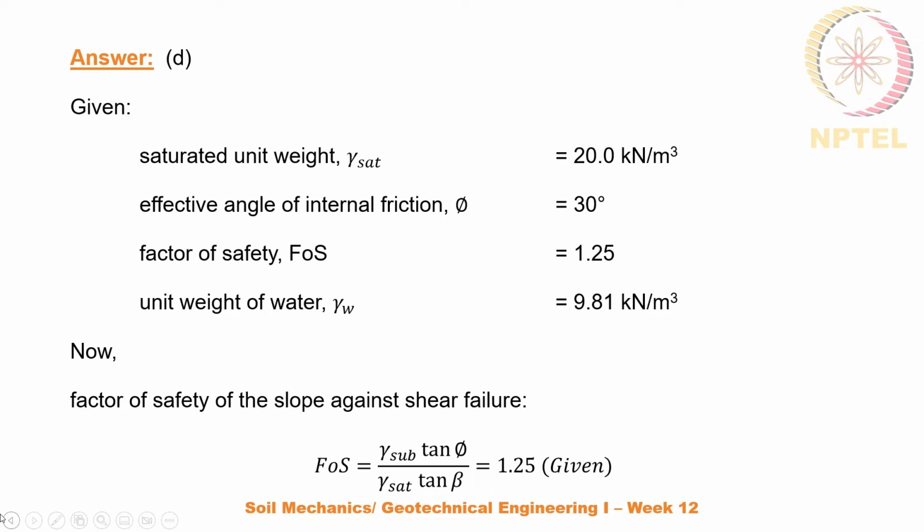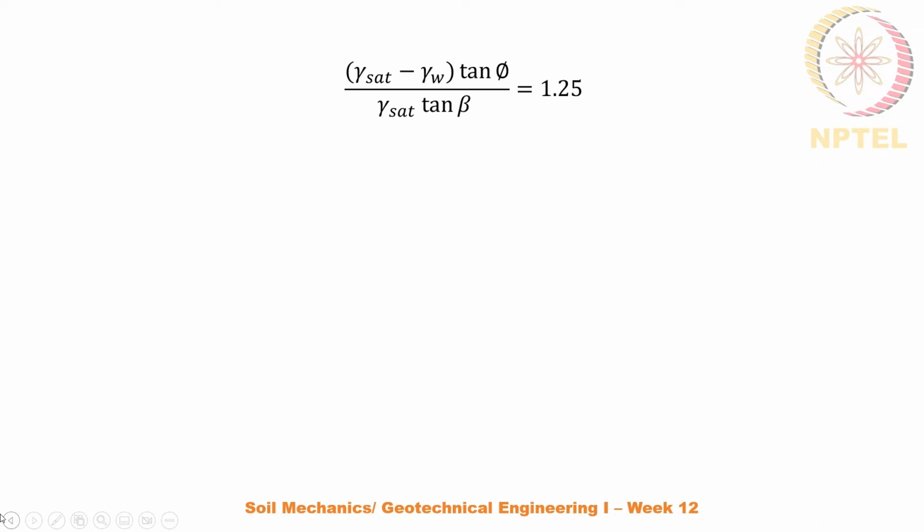We know that gamma submerged is equal to gamma saturated minus gamma W. So gamma saturated is given in the question.